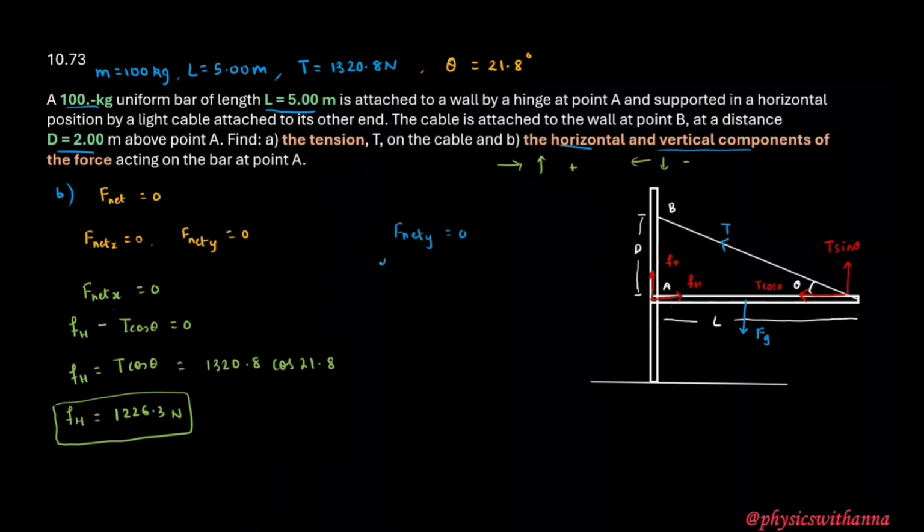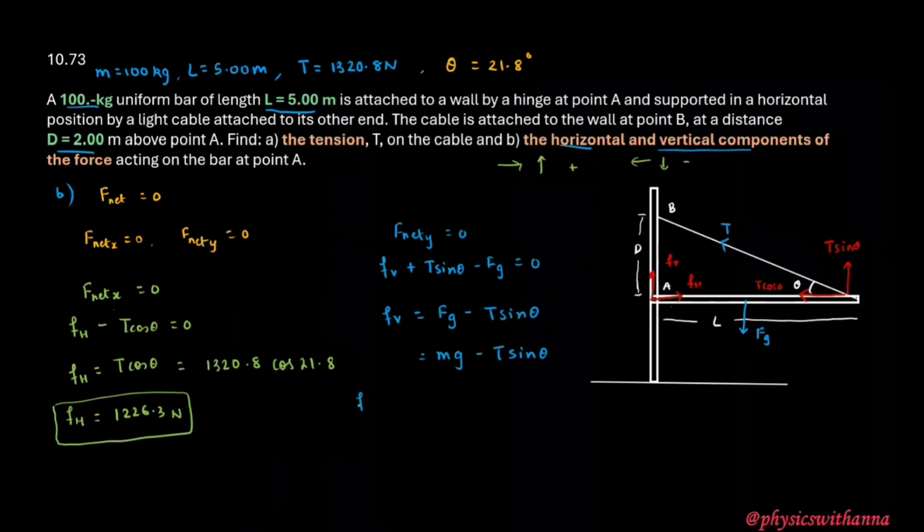So we write this as Fv plus T sine theta minus Fg equal to 0. Let's rearrange to rewrite in terms of Fv. Vertical force Fv will be equal to Fg minus T sine theta. Fg we can write as m into g, minus T sine theta.